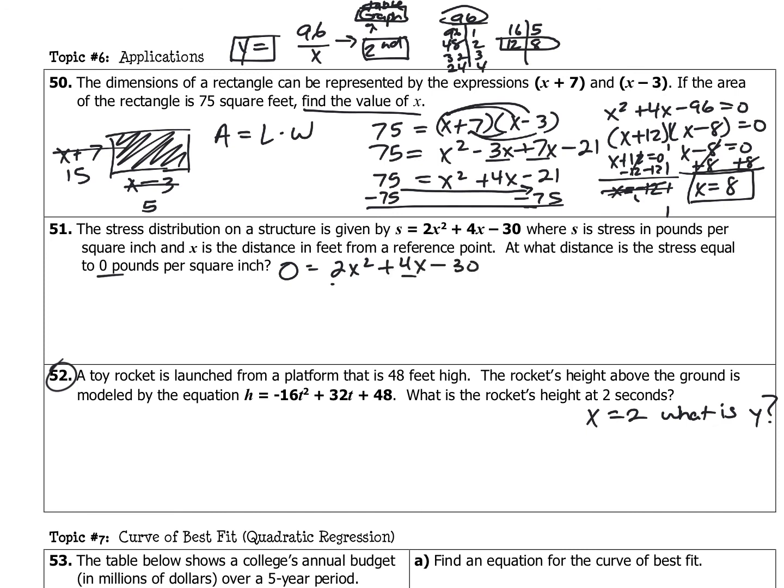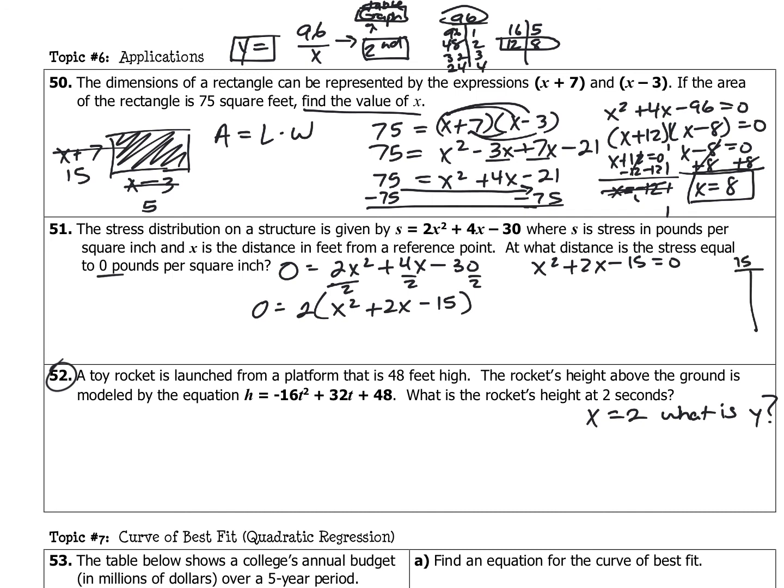And I can tell because these are all even numbers that they have a GCF of 2. And if I factor out a 2, then I have x squared plus 2x minus 15. And I can factor that. X squared plus 2x minus 15 equals 0.